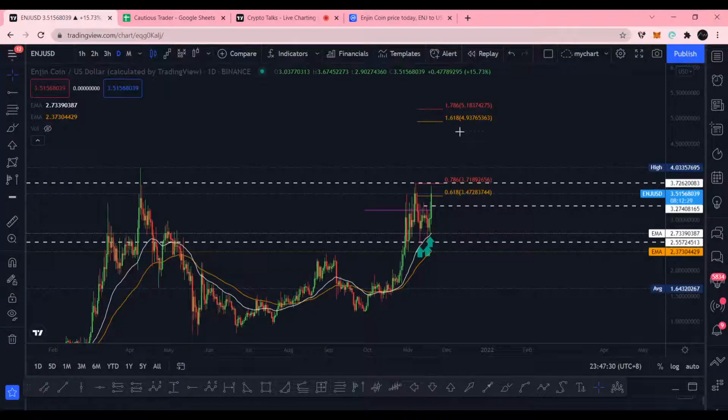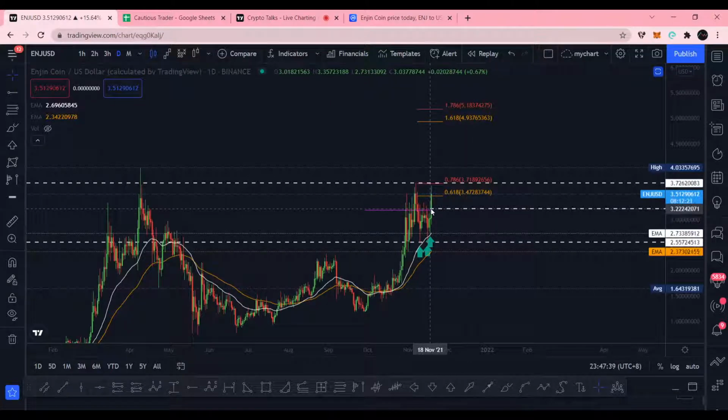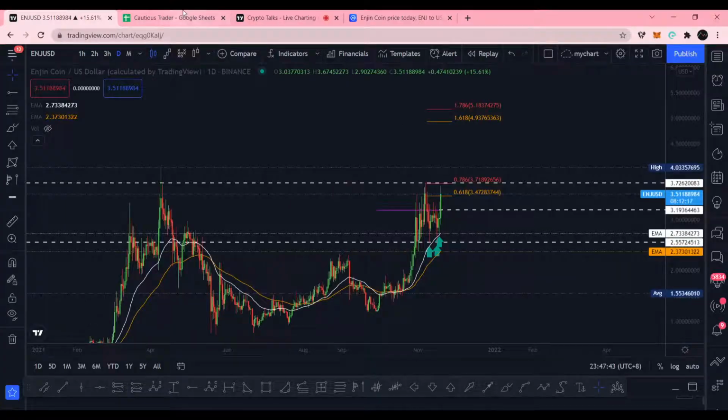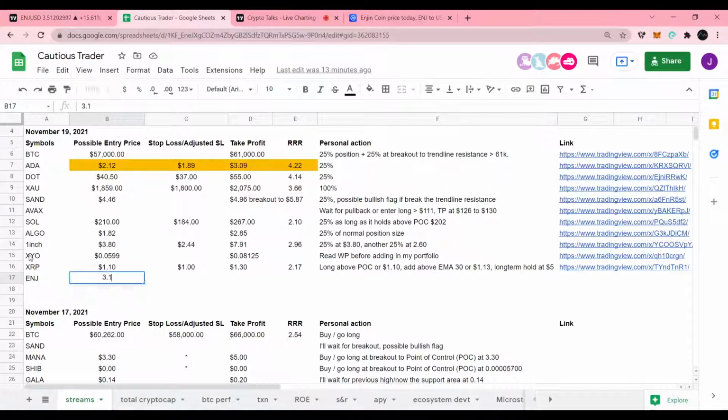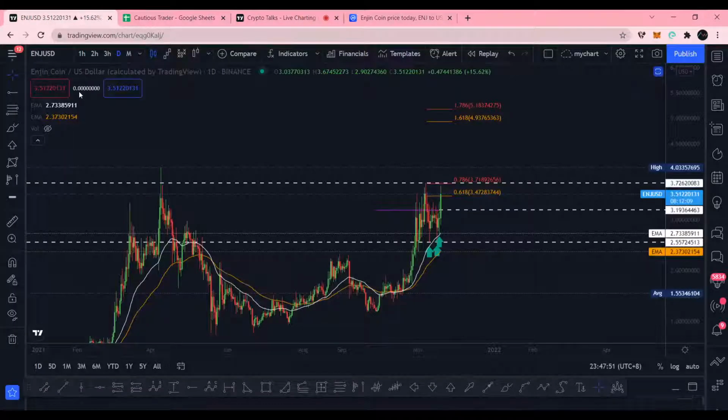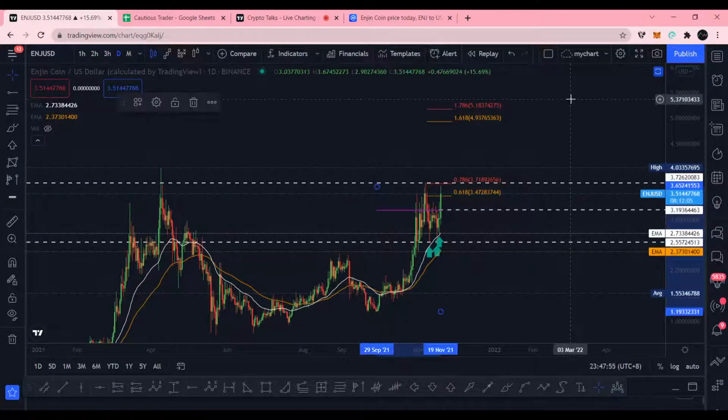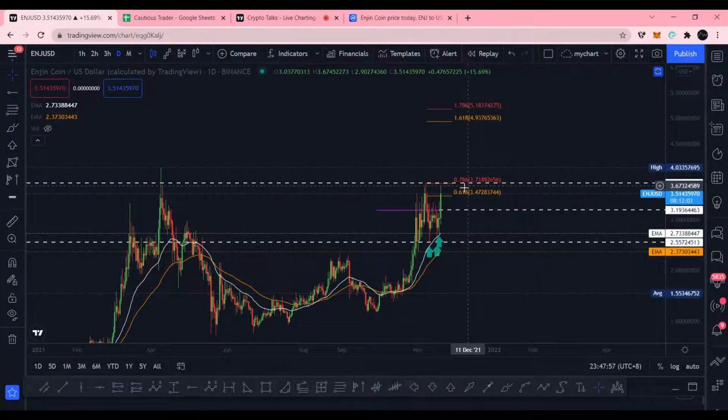It's been late already. But $3.19, and that's my possible entry. But I just wait for that point of control at the 3.19 area.